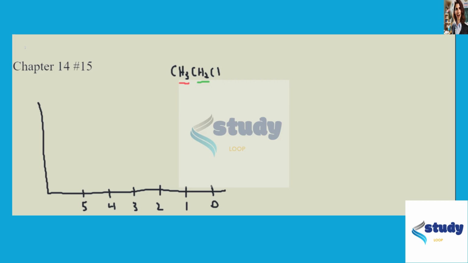And so the methyl protons are probably going to show right around 1. And since they have two neighbors, they will be split into a triplet. So the signal will probably look something like this. So a triplet right around 1.